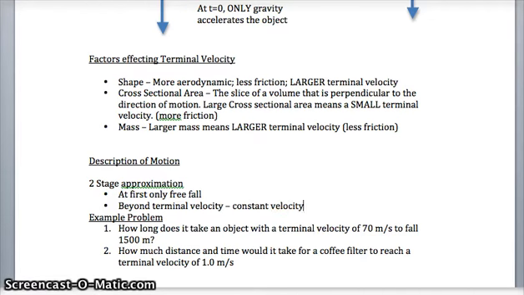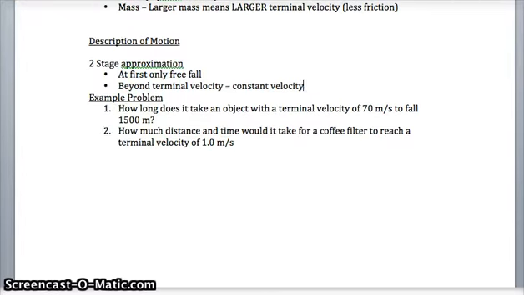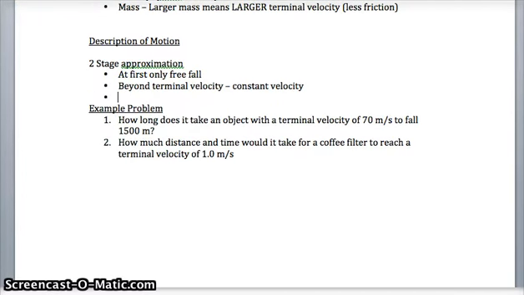And that velocity is the terminal velocity. So on a velocity versus time diagram, it looks like a trapezoid. You have one area of constant acceleration followed by an area of constant velocity. And it's not a bad approximation to assume that the transition from constant acceleration to constant velocity is rather abrupt.